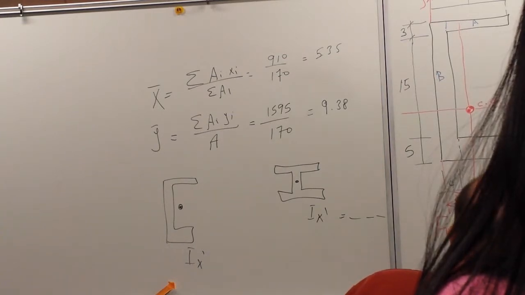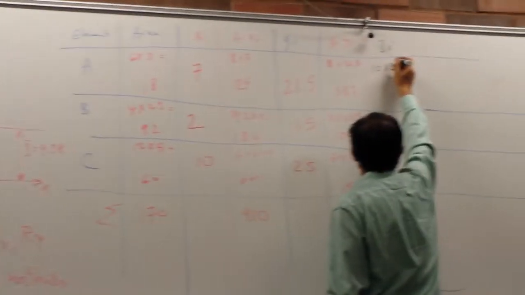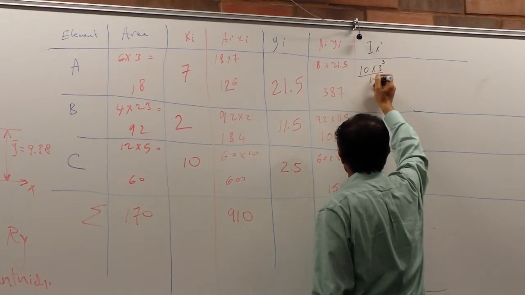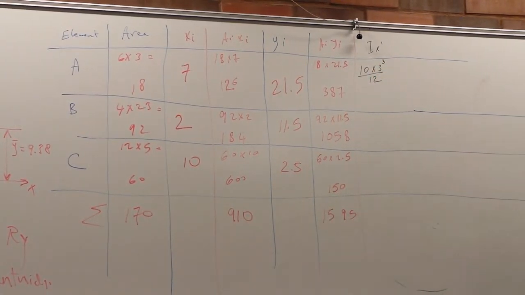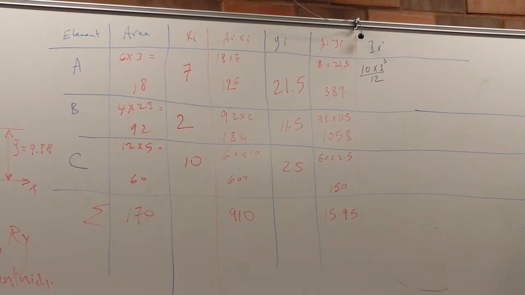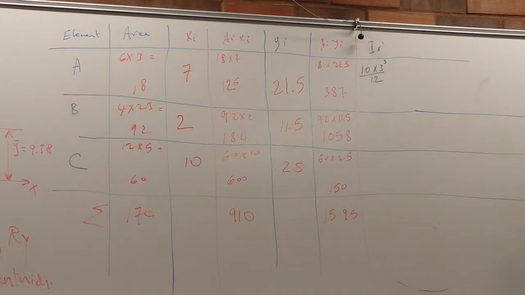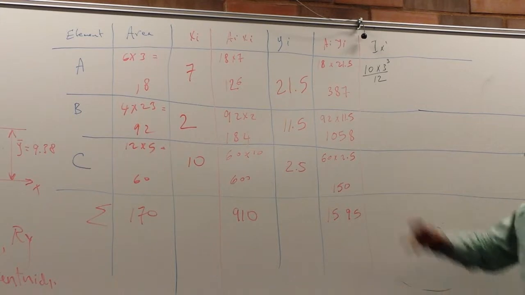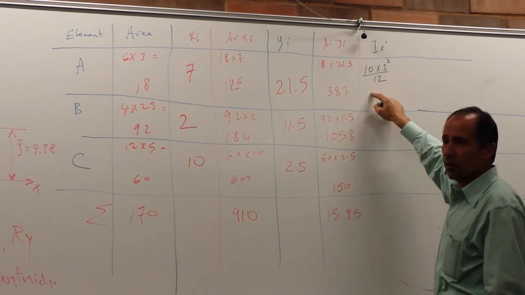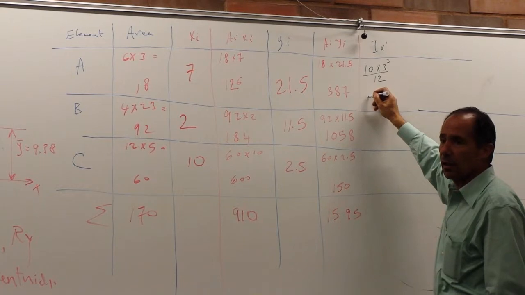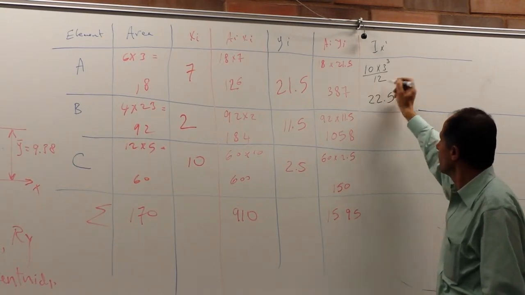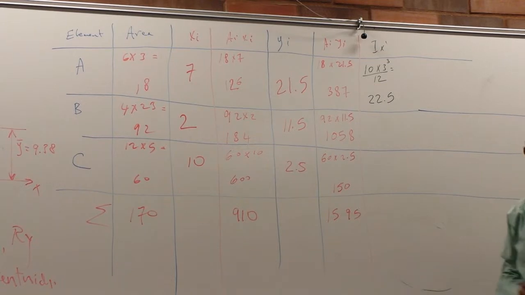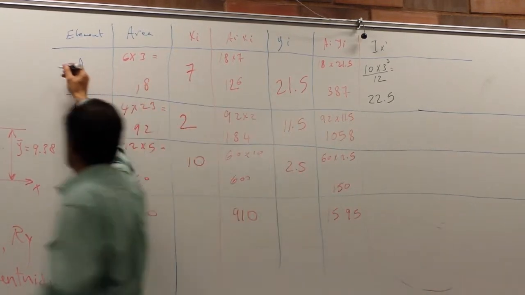Ix prime, start with A. A is 10 times the 3 cubed over 12? Wait, we separate this element A. Here is element A, guys.